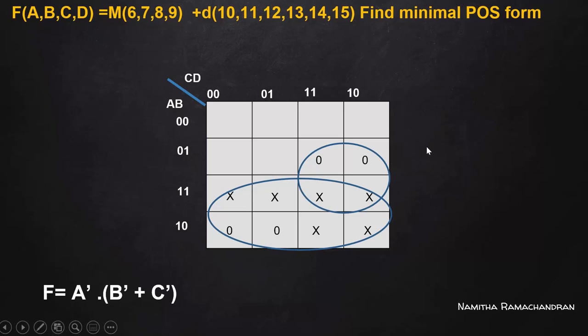Okay, so this is the usage of don't cares. While considering don't cares for the Kmap simplification, we can generate a simpler logical expression for the given SOP form or for the given POS form. Okay, so this is about the presence of don't care in Kmap.